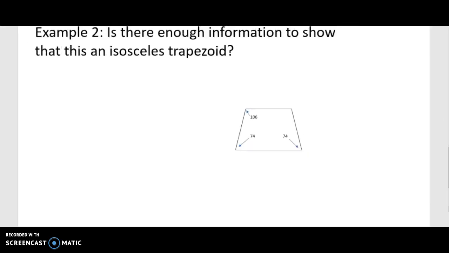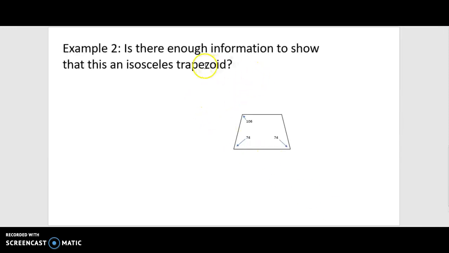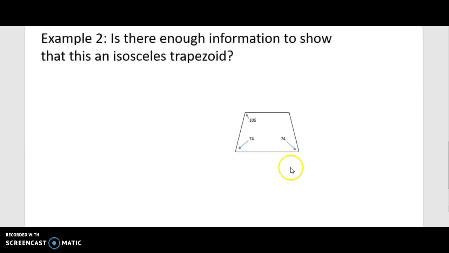The second example is asking: is there enough information to show that this is an isosceles trapezoid? If you look, this trapezoid has an angle of 106, and it's got two angles of 74, and I want to know if there's enough information to show it's an isosceles trapezoid. In order to show a trapezoid, you have to show that two sides are parallel, but not the other two sides.